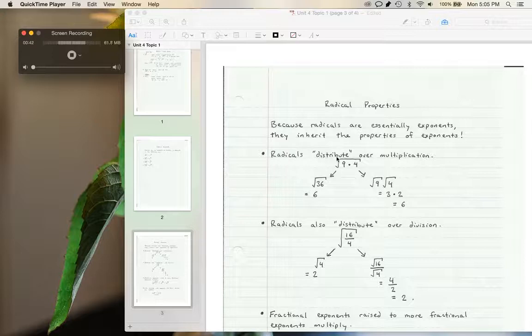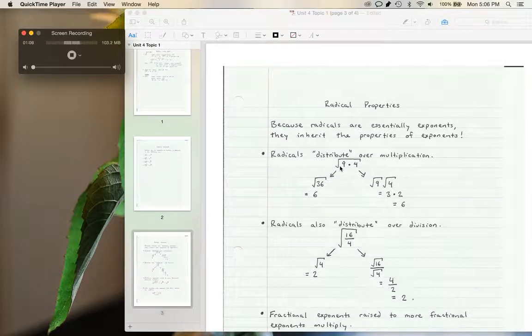Radicals distribute over multiplication. So if I have two numbers multiplied together under a radical, so here I have 9 times 4, and I'm taking the square root of that whole multiplication, I can just write this as the square root of 9 times the square root of 4.